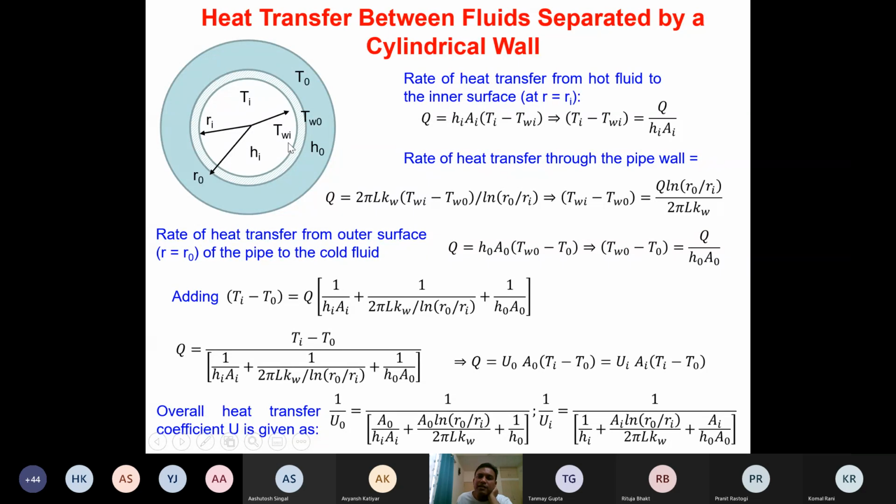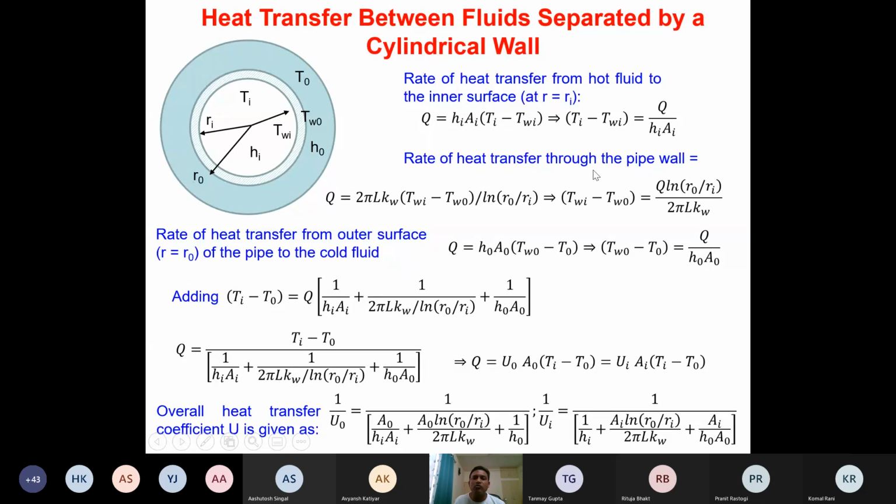So Ti minus Twi is going to be the delta T. So Q is given as Hi Ai times Ti minus Twi, and again we can rearrange this equation to obtain Ti minus Twi, which becomes Q divided by Hi Ai.